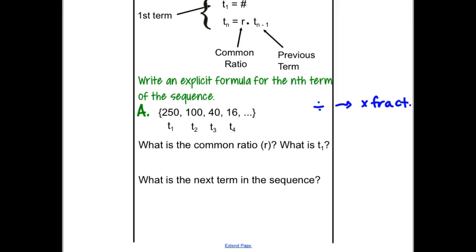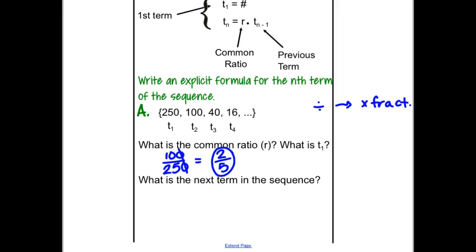That means we need to take term 2, which is 100, divided by 250, which is really like 10 over 25. They're both divisible by 5, so we get 2/5. So 2/5 is our ratio. You could also just stick it into a calculator if you would like.